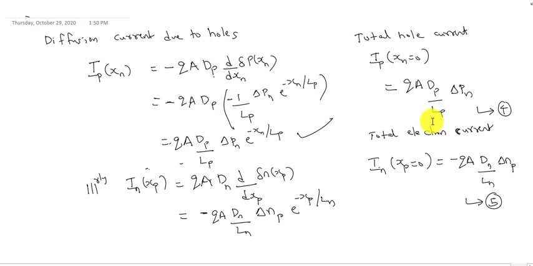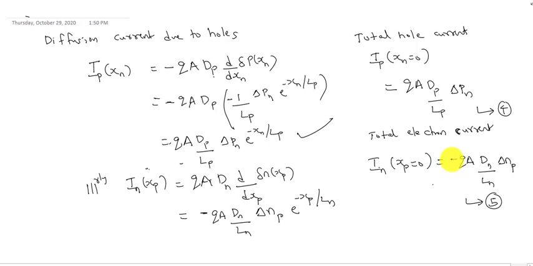If you look at equation 5, In of xp is equal to 0, here we have a minus direction, and since xp is marked in the minus x direction, we have to evaluate the total current in the positive x direction. For that, we have to consider one more minus here, so the net value will become plus.